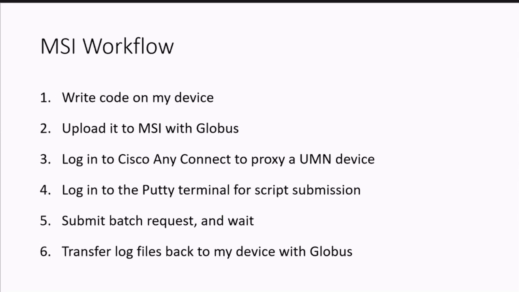Then, when you're writing code, let's assume that you've already now entered that project and you're already associated. You're going to write your code on your device. You're going to upload it to MSI using the Globus tool. You're going to create your proxy, so that way you can pretend that you're a university device and you can use the software that the University of Minnesota allows you to use.